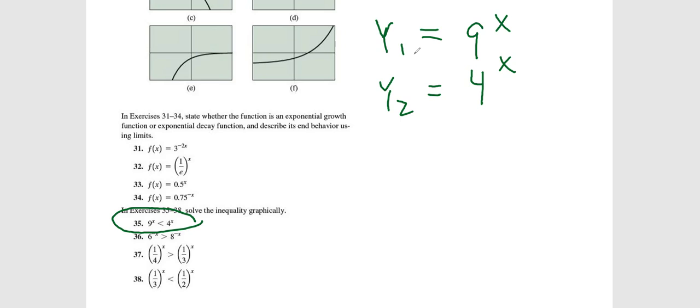Okay, so let's see if I can get my, and they want 9 to the x. For me, that's the blue one. Okay. Let's get the old camera fired up here. Come on.